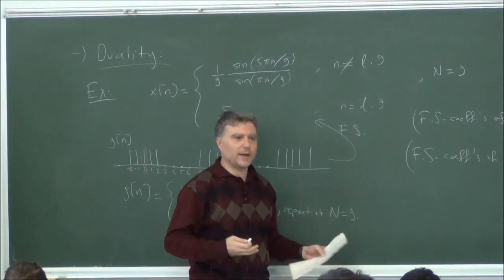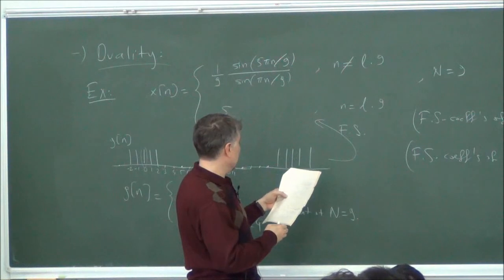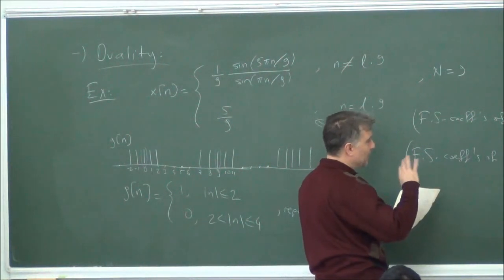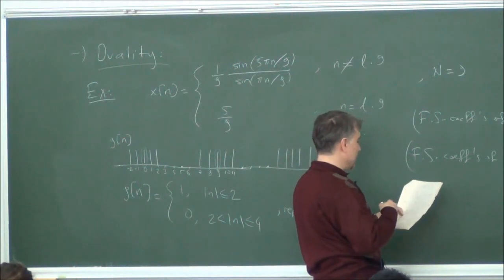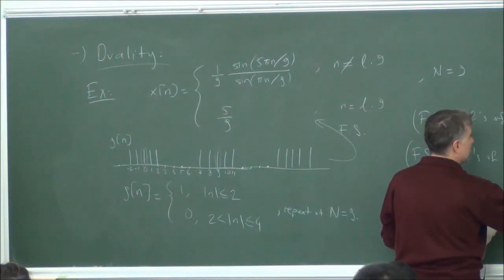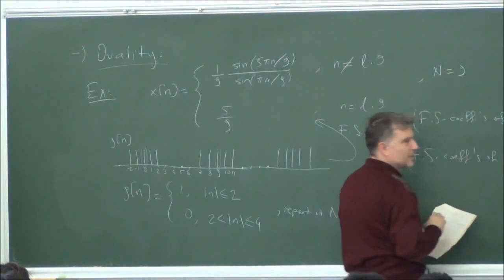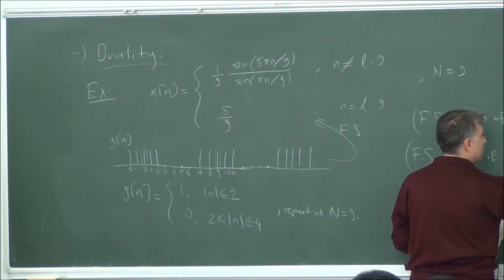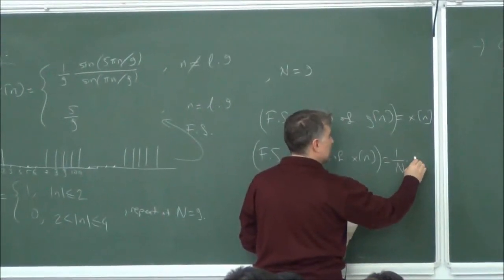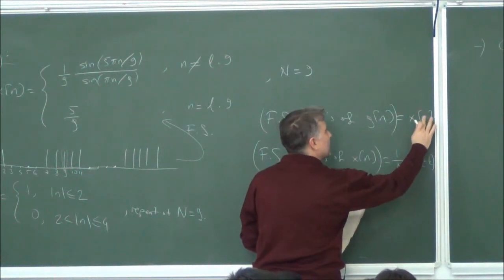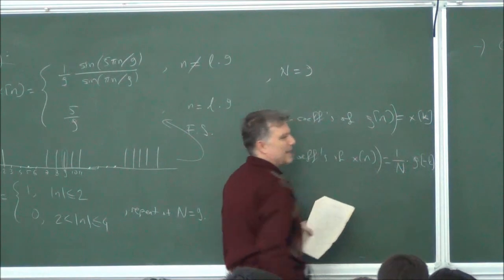They will be equal to g of n. But first of all, they must be inverted in order, and then they must be scaled by 1 over capital N, which is the period, times g of minus k. Let me call these ones x of k's, okay?